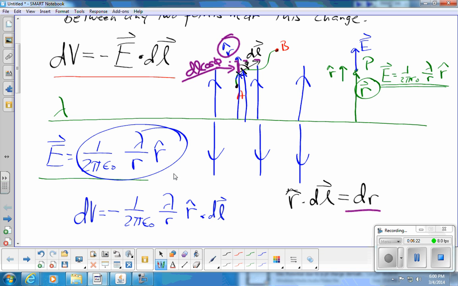It's the change in the magnitude of those position vectors. It is dr, and it's a scalar, and that's all very nice.